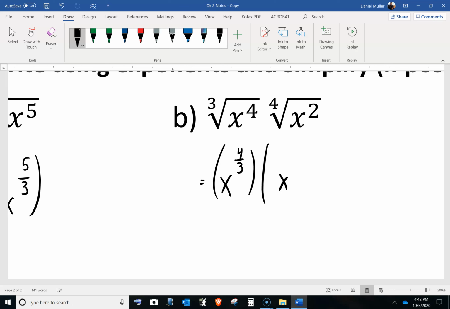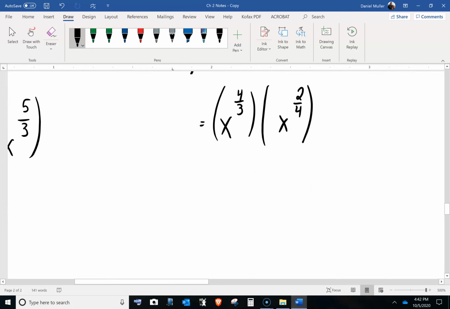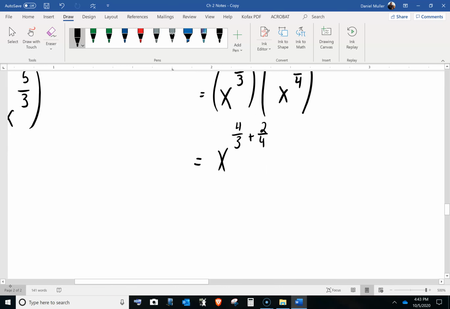Here, the numerator is a 2, denominator is a 4. So you could reduce this to 1 over 2, but in the end, if we're going to put these together, which is what it's asking us to do, we'll have to get a common denominator anyways here. So 4/3 plus 2 over 4. Again, if I made it a 1/2, I need a common denominator of 3 and 2, but this is just 3 and 4, so it doesn't make any sense to reduce that right now.